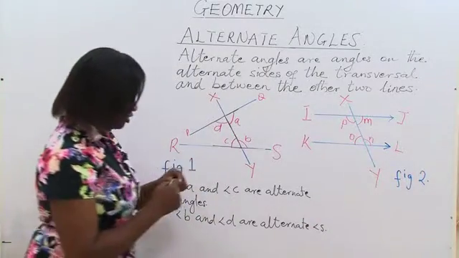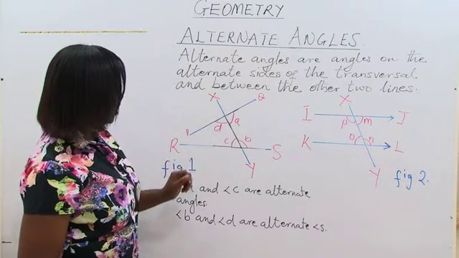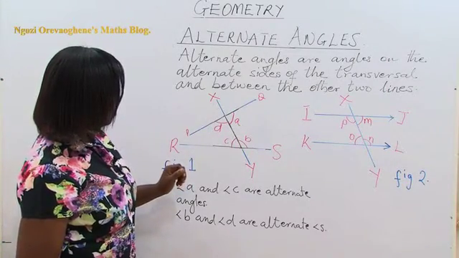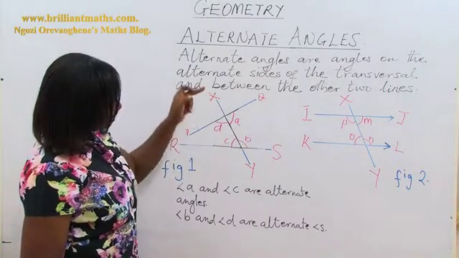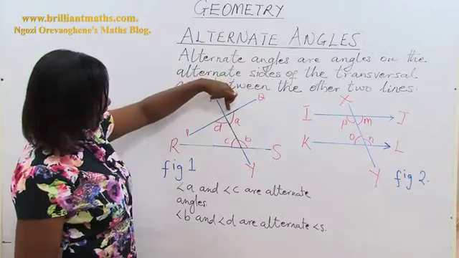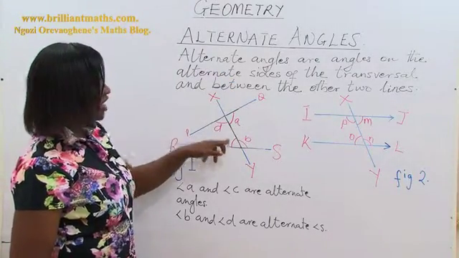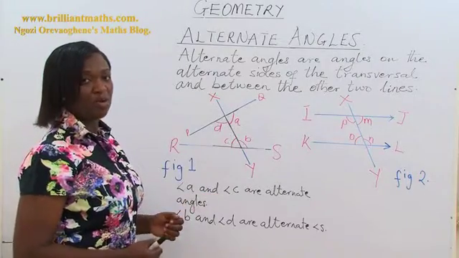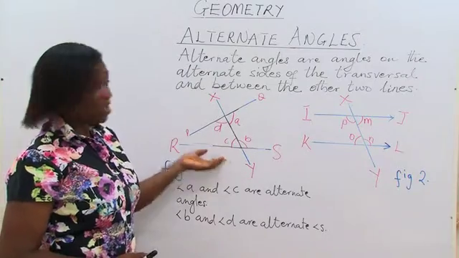But if you look at these angles, angle A and angle C, what do we notice? We can notice that angle A is an obtuse angle and angle C is an acute angle. That means they are not equal. But they are alternate.